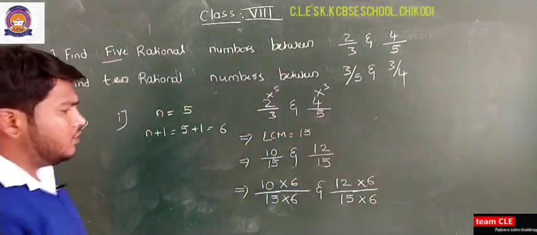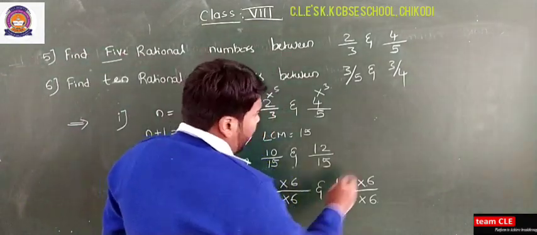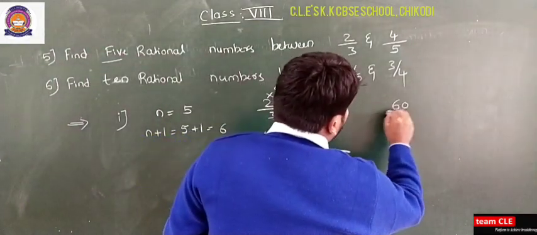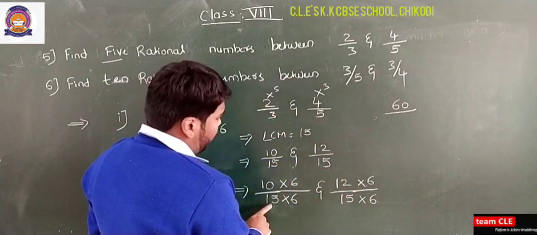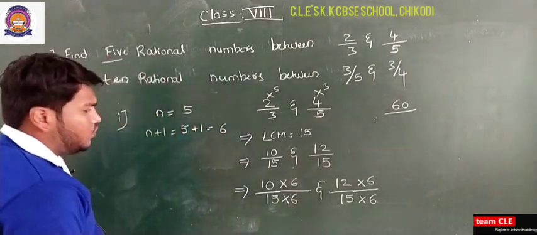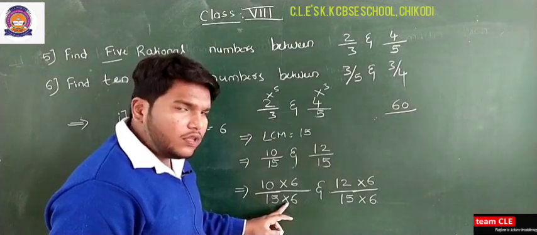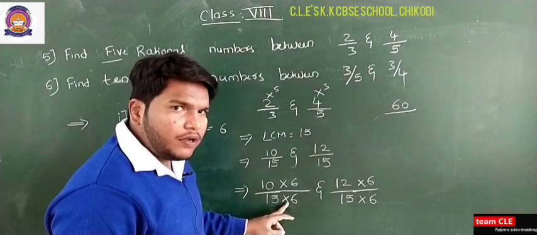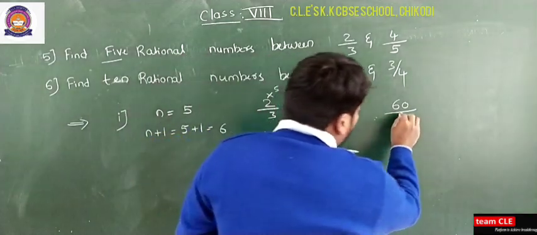I multiply this one, so 10 6s are 60, and 15 6s are 90, since 15 1s are 15, 15 2s are 30, 15 3s are 45, 15 4s are 60, 15 5s are 75, and 15 6s are 90.